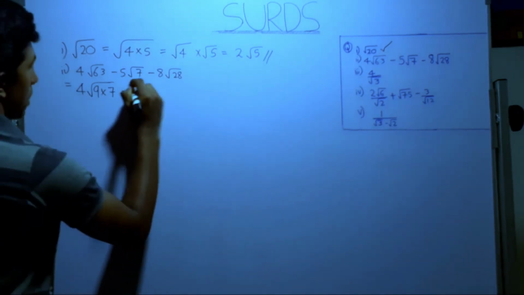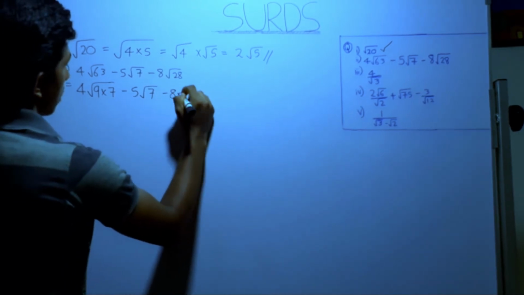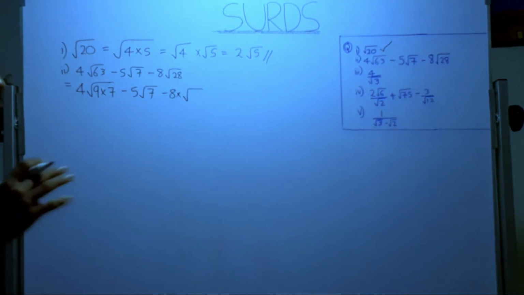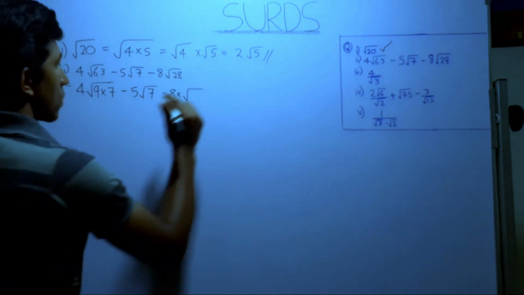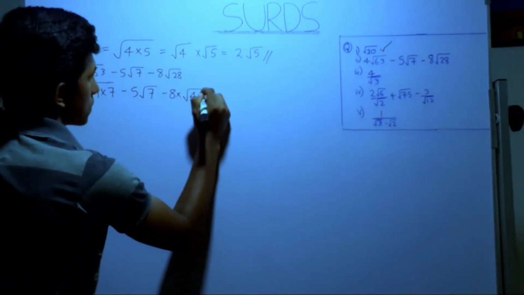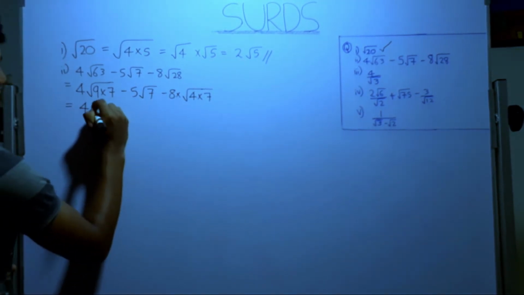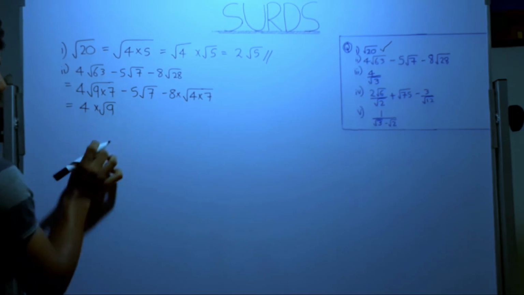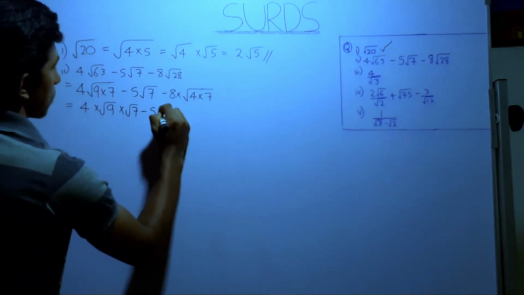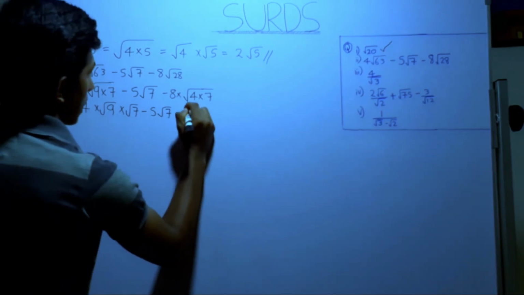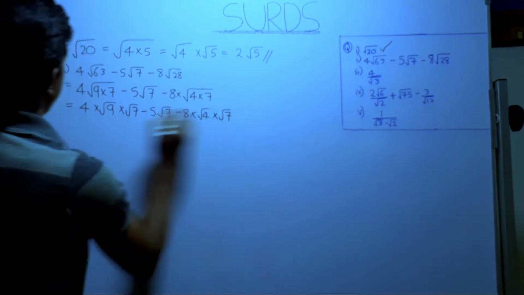Then minus 5 root 7 minus 8 into root 28 as well, you can write it in terms of a square number and 7. So that's going to be 4 into 7. If you simplify this, it's going to be 4 into root 9, which is 3, root 7 minus 5 root 7 minus 8 times root 4 multiplied by root 7.